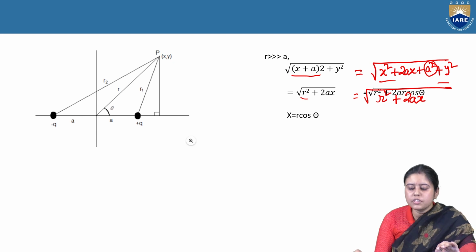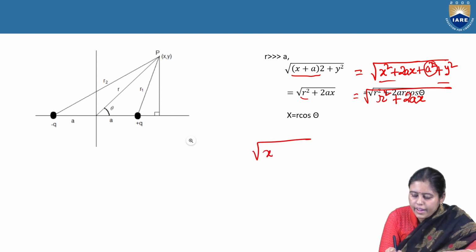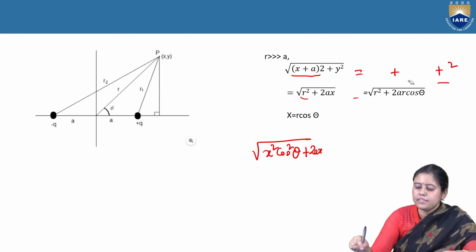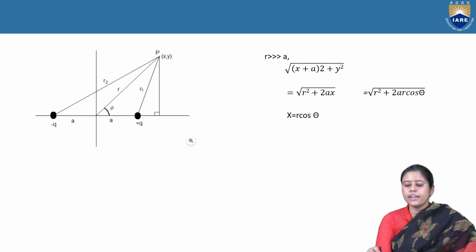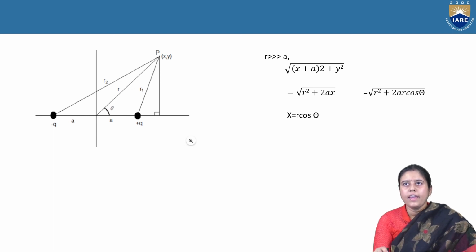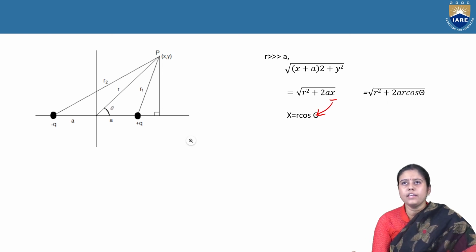If we just substitute the value, the distance will be the root of r square plus 2a r cos theta. In place of x, we are just substituting r cos theta. So this is our main equation.